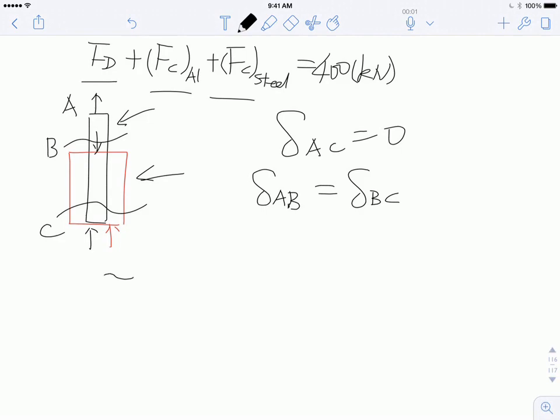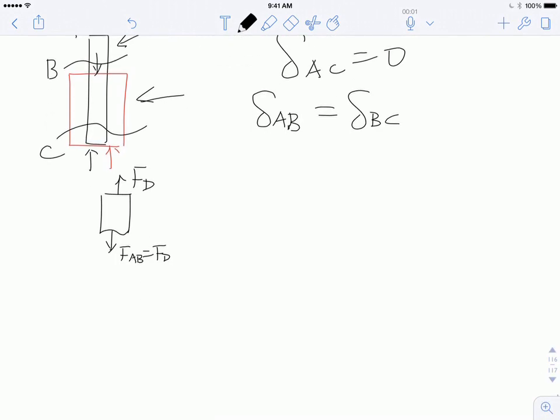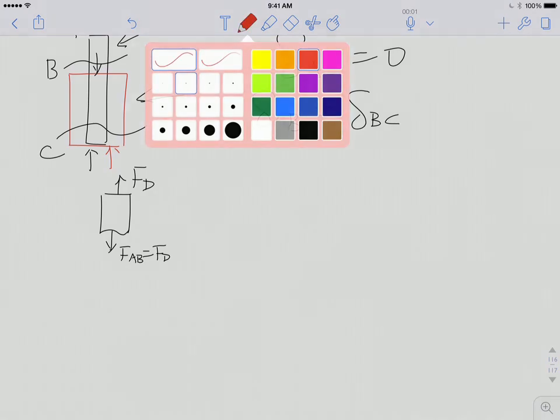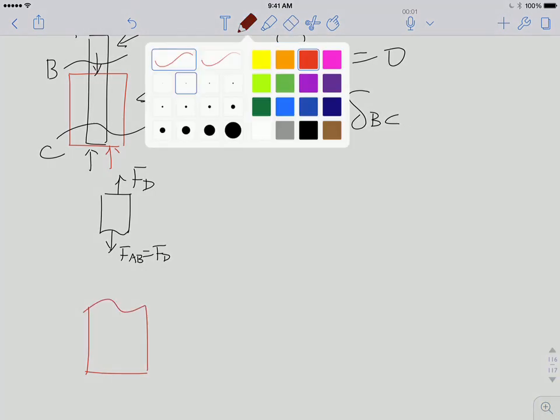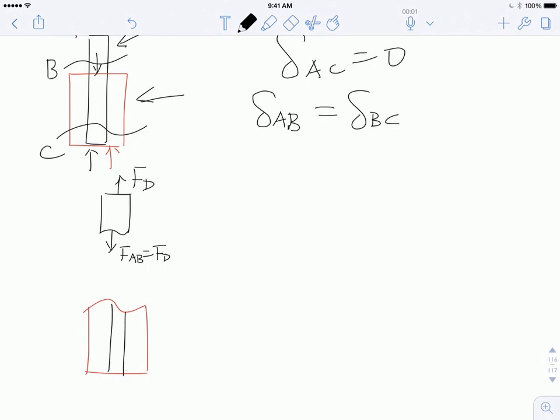Free body diagram for section AB. This is my F_D, this is my F_AB, so you know F_AB is nothing but equal to F_D. Same magnitude, different directions, right? Okay, my bottom part is complicated, so I need a red color by the way. So maybe the top I can do this. That's right.